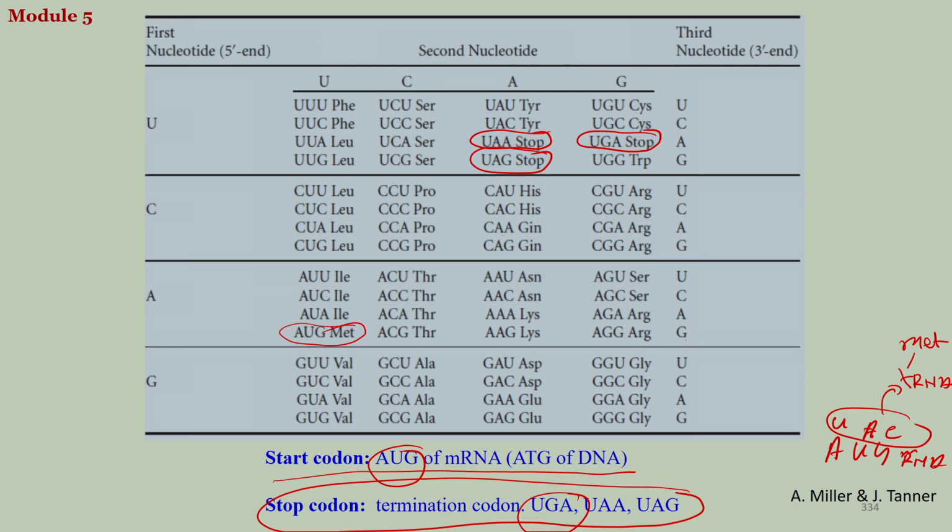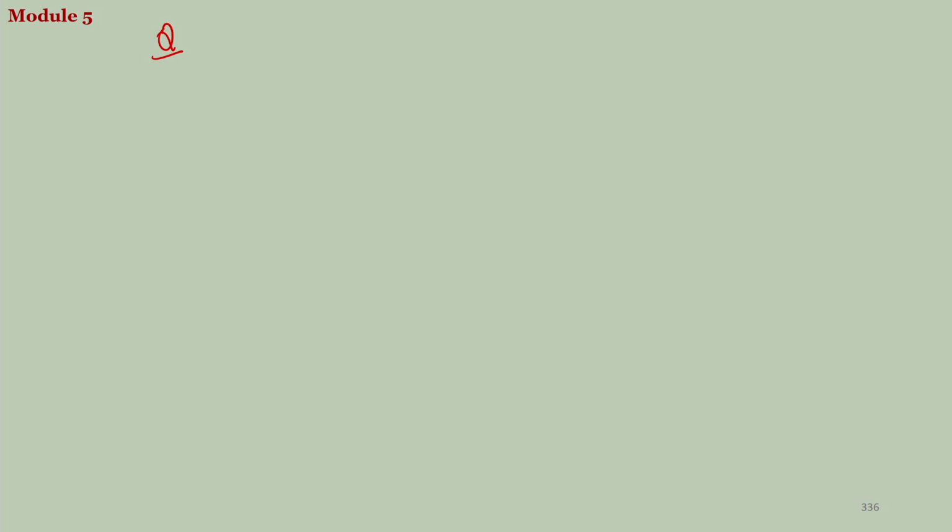So, if you are given the table, then you can pretty well find out, and if you are given a sequence of your mRNA or even the sequence of the parent DNA, then you will be able to find out the sequence of the peptides. So, I will give you one question which can be regarded as an example. So, question is, I will write a DNA sequence, original DNA sequence, given.